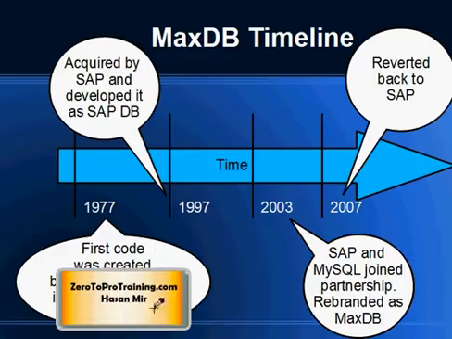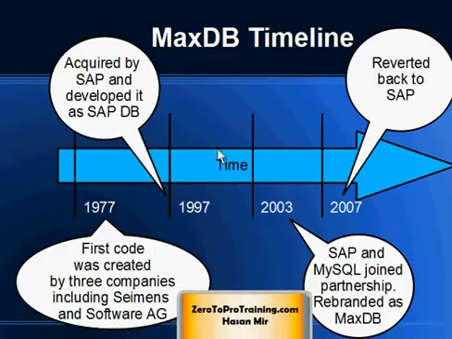If you look at the timeline, it's pretty interesting for this MaxDB. In 1977, this database was created by three companies, including Siemens and Software AG. In 1997, it was acquired by SAP, and they changed its name to SAP DB. They were hoping to make it a unique and revolutionary product, but it wasn't really evolving that way.